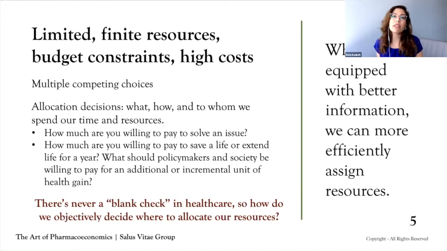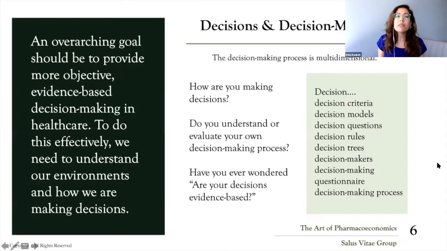But when you also think about how we're allocating our resources, we also have to think objectively as to what we decide, which choices we choose. And we know that when we are equipped with better information, we can more efficiently assign resources, which is the ultimate objective. Now, an overarching goal in general should be to provide more objective, evidence-based decision-making in healthcare.